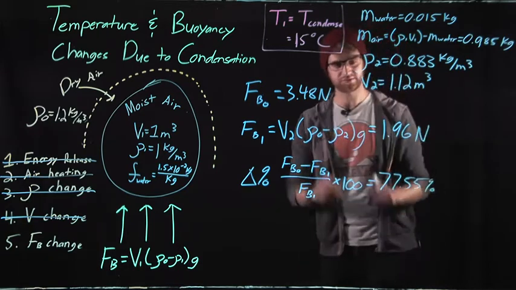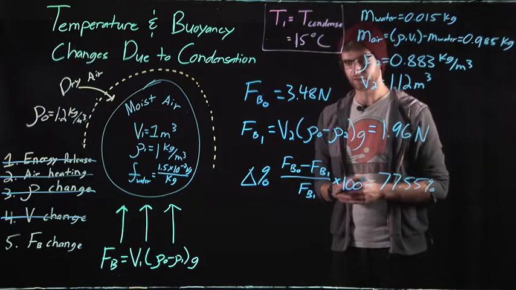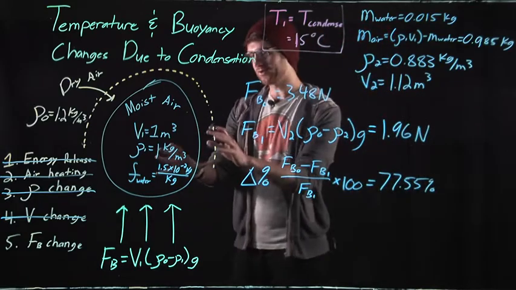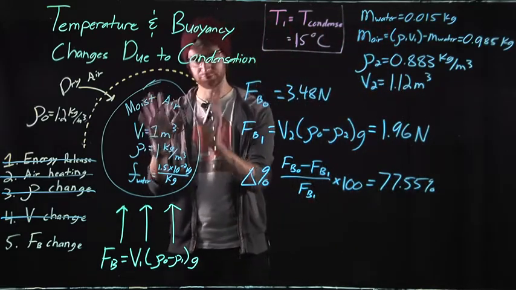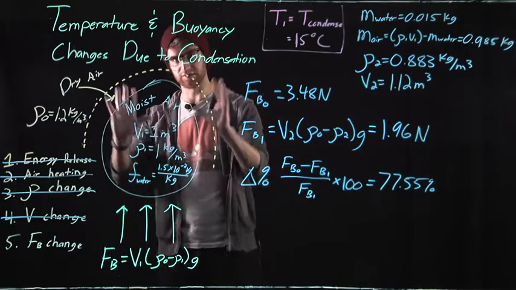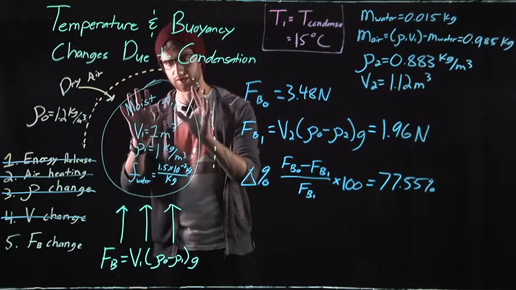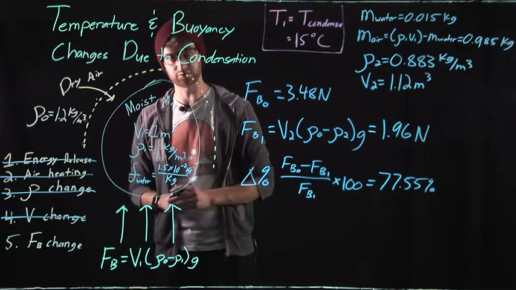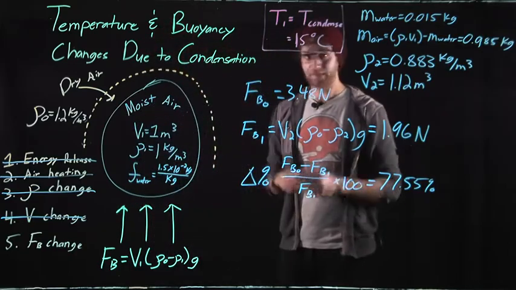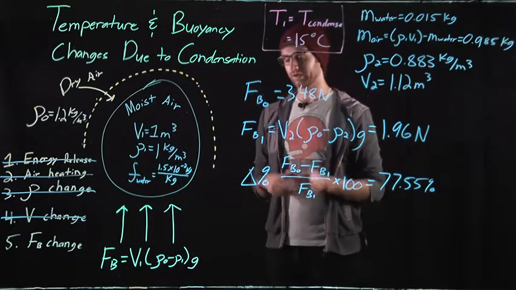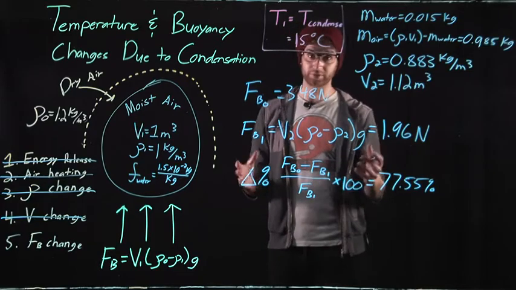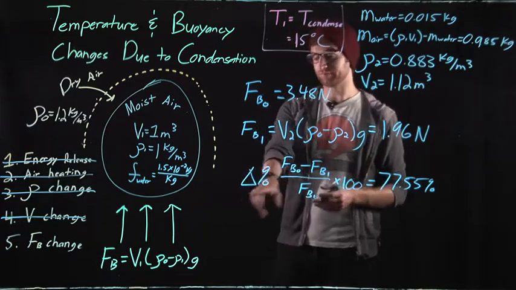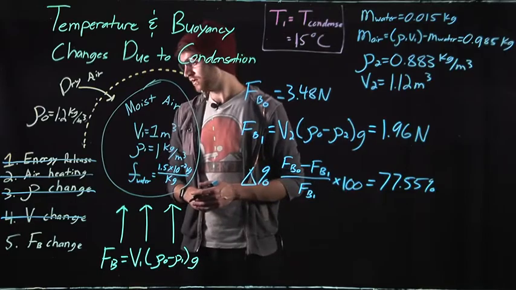We have a decrease in the buoyant force due to condensation and due to heating. So there's not as much lift acting on this air parcel after it's condensed all its moisture. And that has implications, of course, for hurricanes, for storms, for tornadoes. And so this is an important concept to understand.